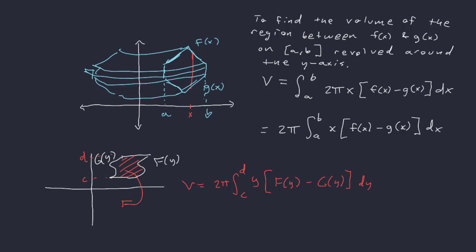So it's still, much like before, if the integral's in terms of x, it's going to be a top minus a bottom. If the integral's in terms of y, it's going to be a right minus a left. Okay, but the only thing that's changed here is instead of squaring them, it's either x times it or y times it. And it comes from the fact that we're basically creating rectangles that we spin around.